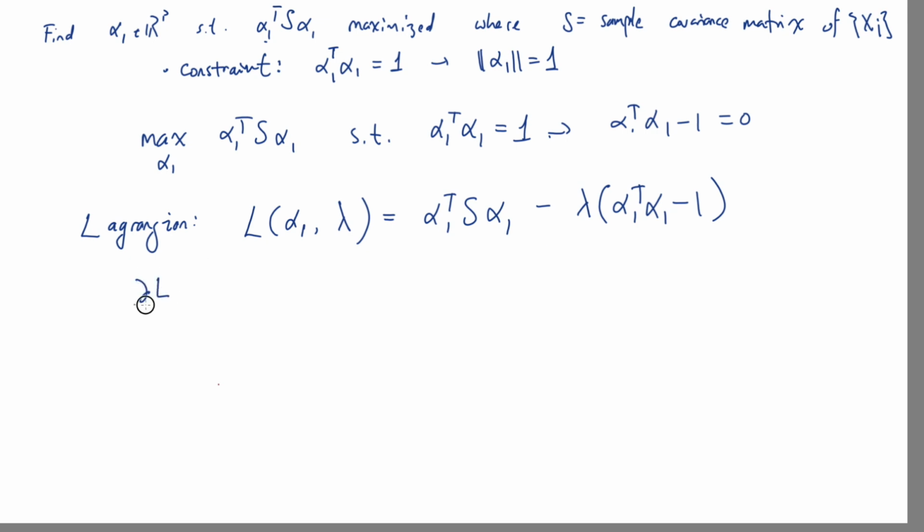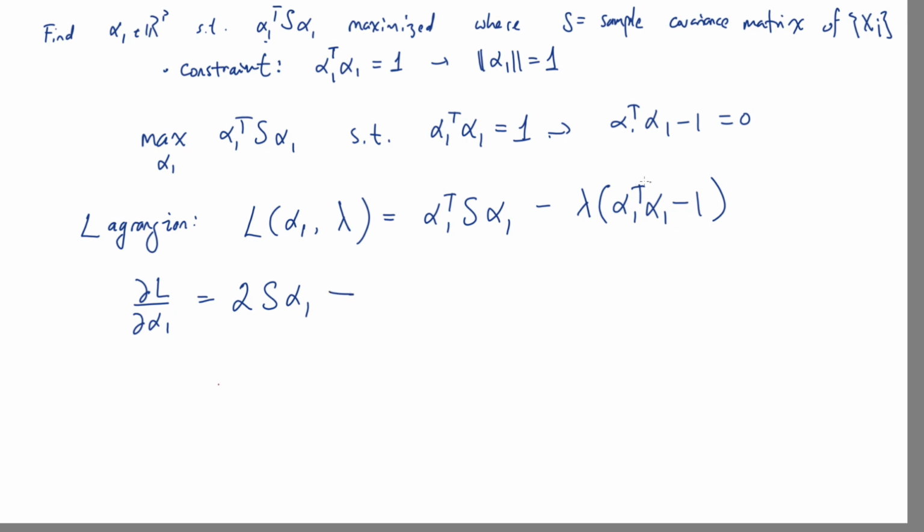So we have this quantity, and then to solve this, we can compute the derivative with respect to the first variable. Now the derivative of this guy, this is just a quadratic in alpha 1, so this is going to be 2S alpha 1. If you're confused by this, you can check out the Wikipedia matrix calculus page or the first linear regression tutorial where we dealt with derivatives of this kind.